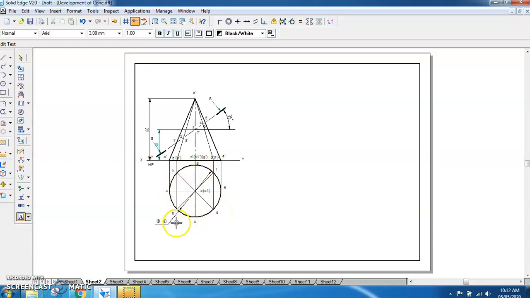If you have the diameter of 50, the circumference will be pi d. So pi into 50, whatever you get, that would be the circumference of this circle. So that circumference will have some angle.